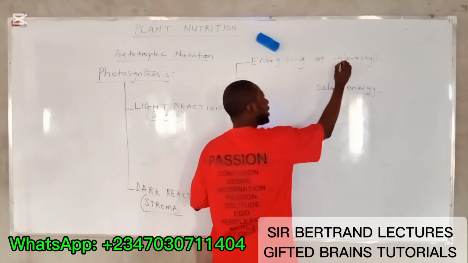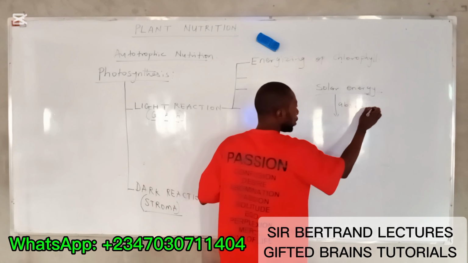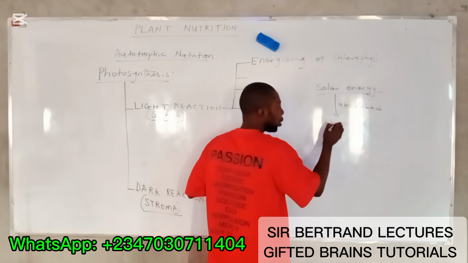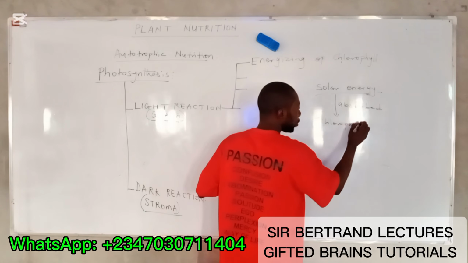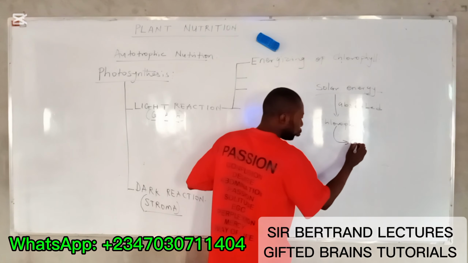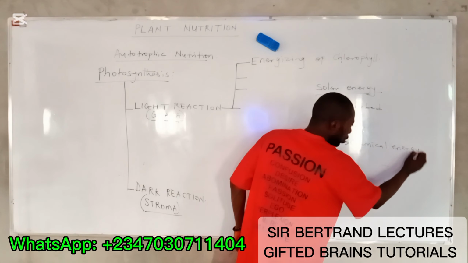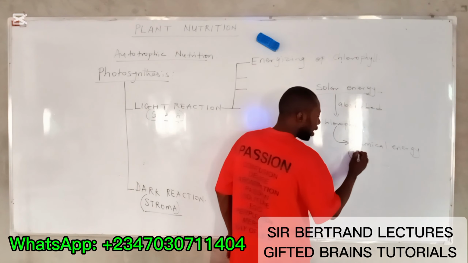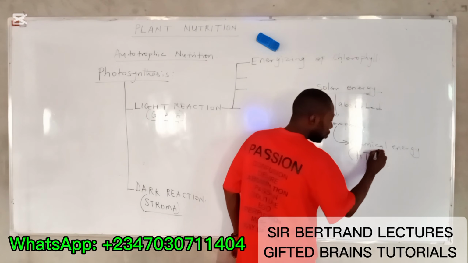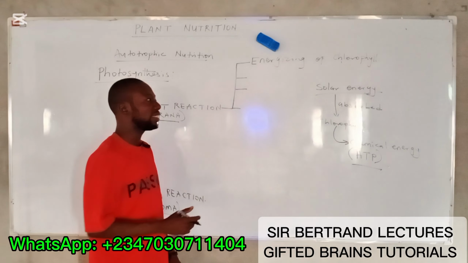Solar energy. That energy is absorbed by what? Chlorophyll. Then chlorophyll converts that energy to chemical energy in form of adenosine triphosphate, which the plant utilizes for photosynthesis.